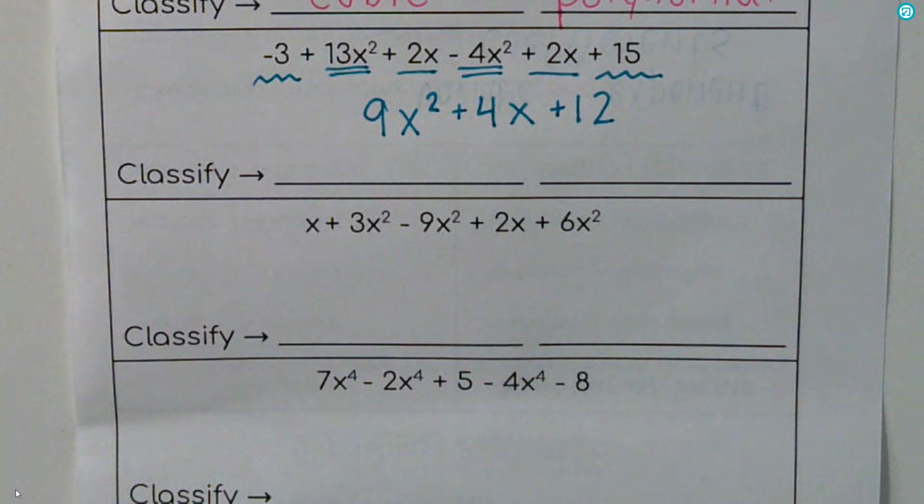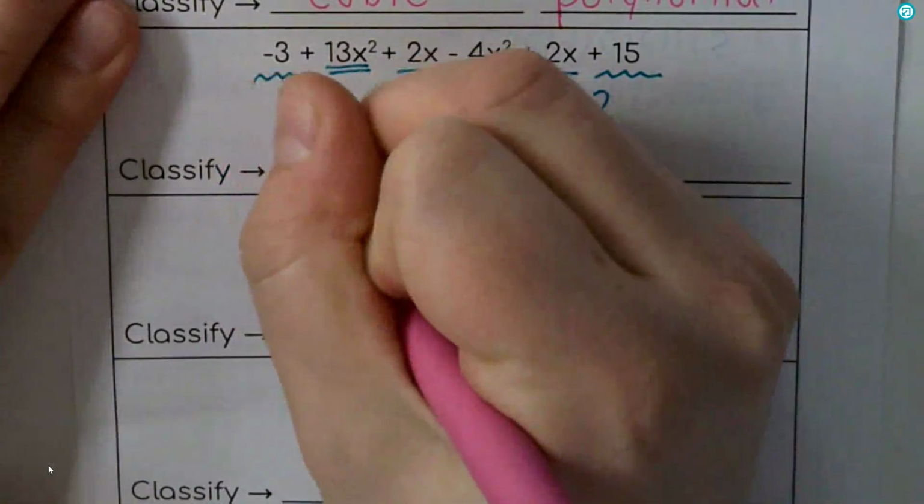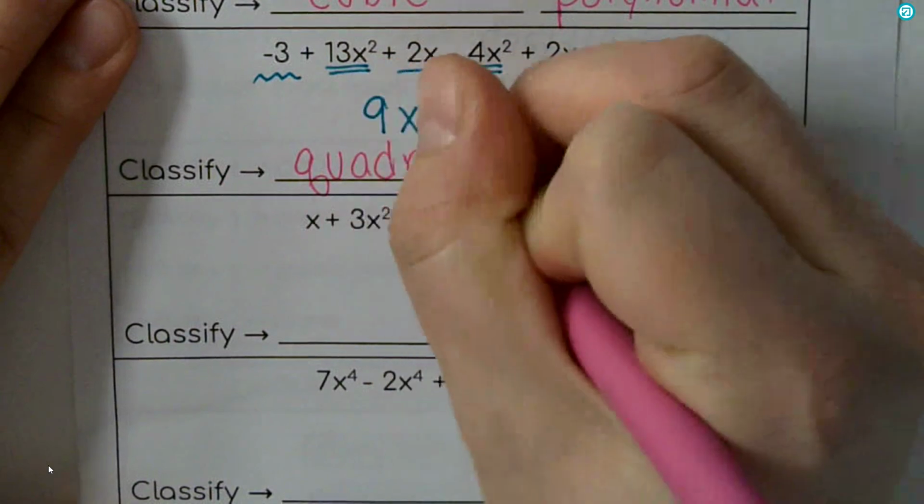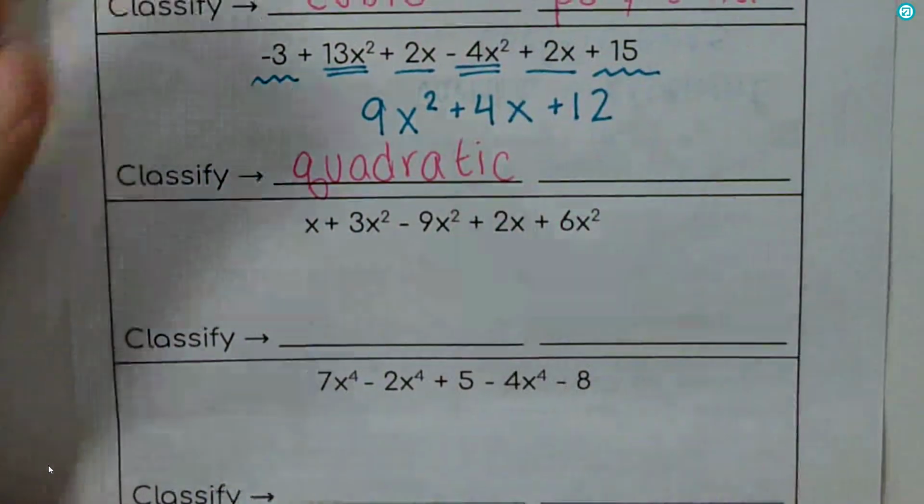Okay. What is my highest exponent? x squared, yes. What is the degree of that? We all see that on the table? Quadratic. Okay, so that is spelled Q-U-A-D-R-A-T-I-C. Quadratic.